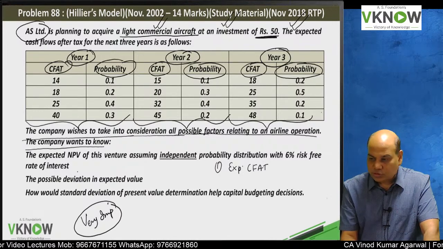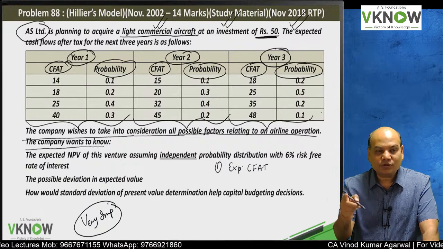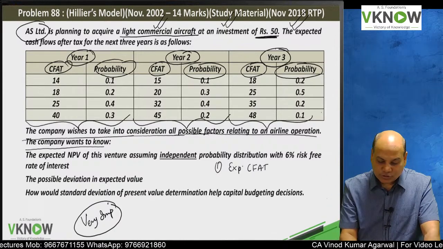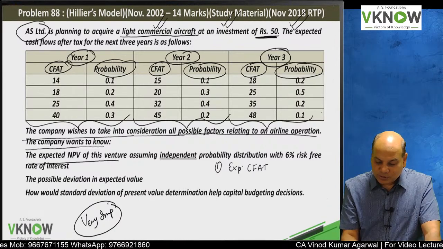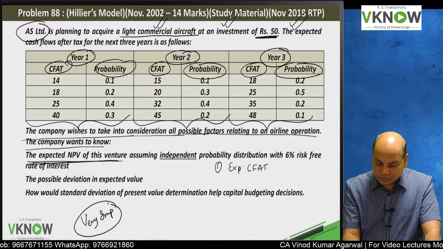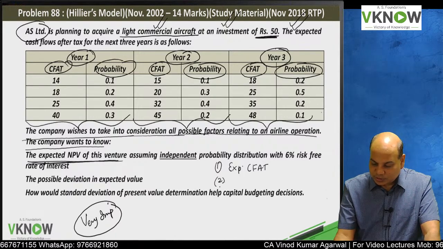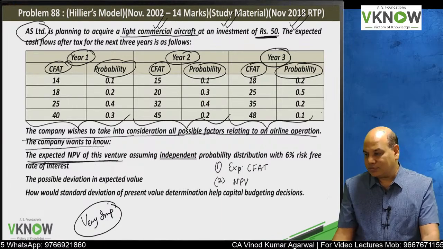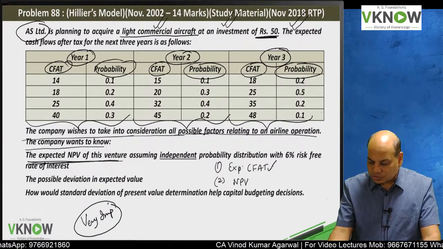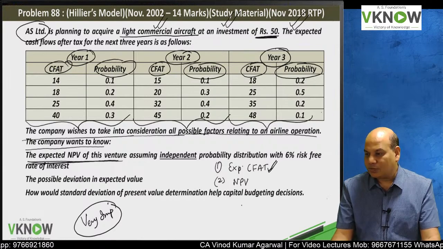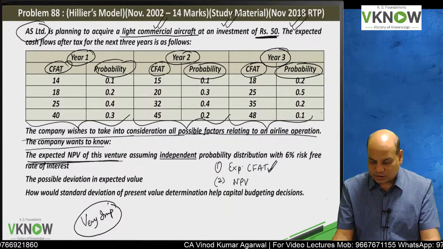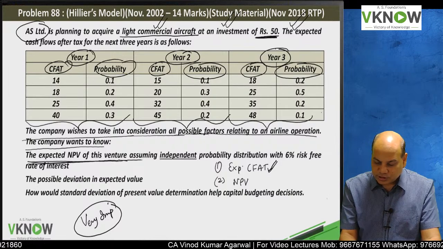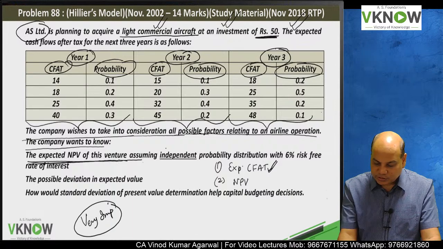The company wants to know the expected NPV of this venture. To calculate expected NPV, step number 2 will be to find NPV using this expected cash flow after tax of year 1 to 3. Up to this we have done in earlier questions also.